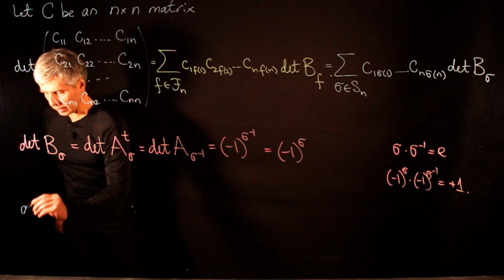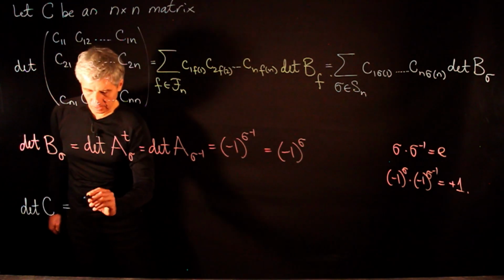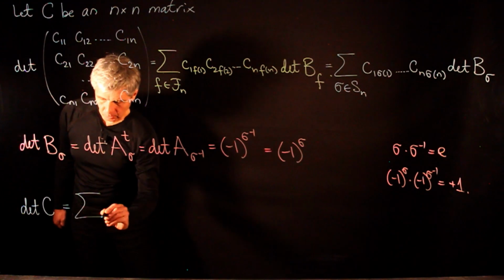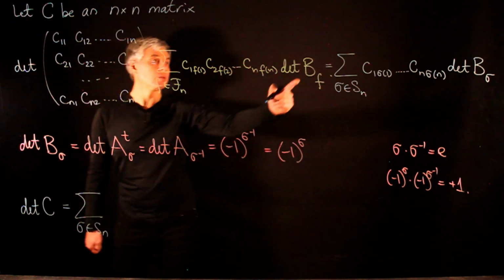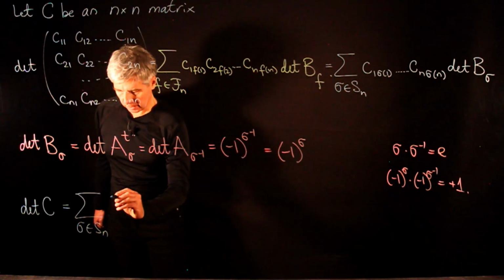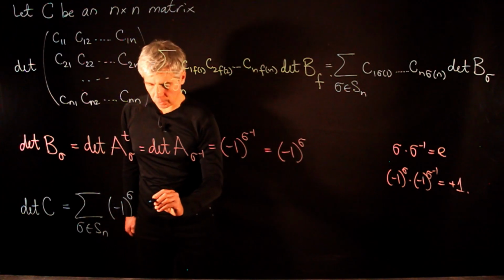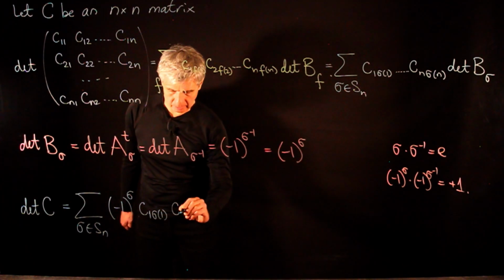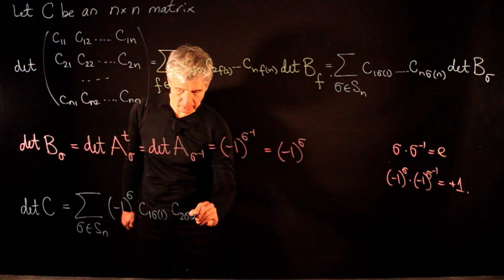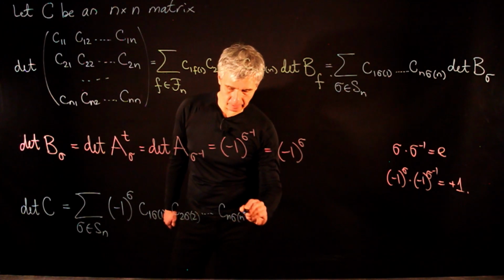So the determinant of a matrix C is equal to the sum over sigma in Sn of the parity of sigma times the product C1 sigma of 1 times C2 sigma of 2 ... Cn sigma of n.